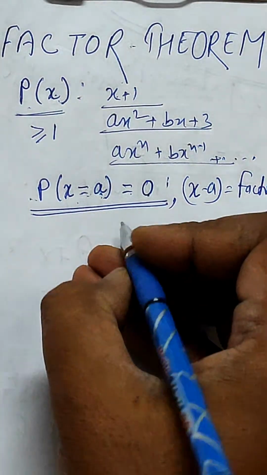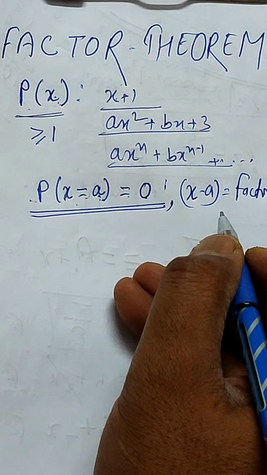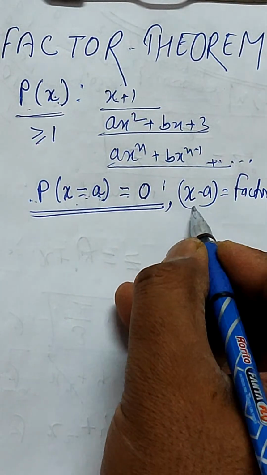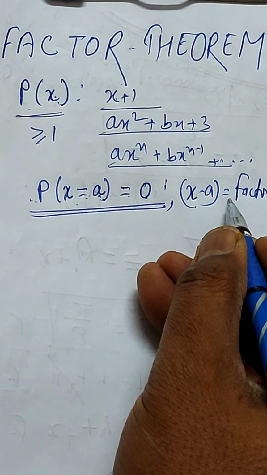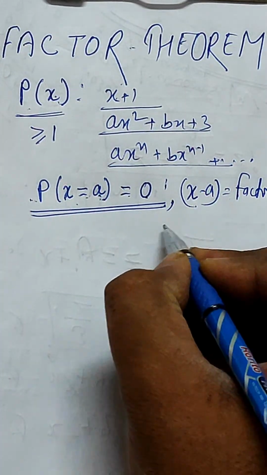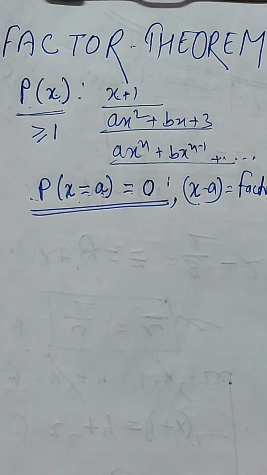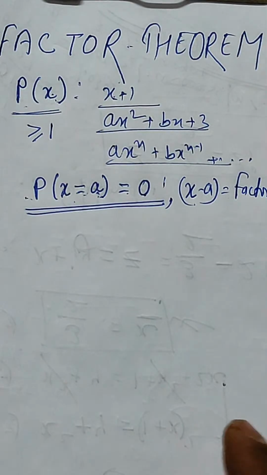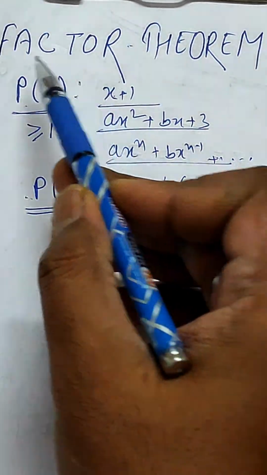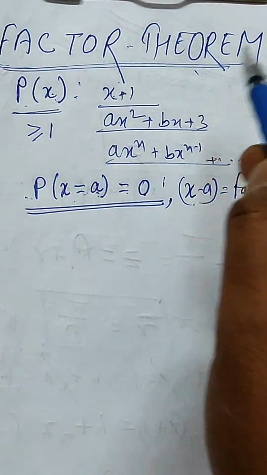This is the factor theorem. And conversely, if it's given that x minus a is a factor of p of x, then p of a is also equal to 0. So vice versa is also true. This is the basic concept which we have taken from the factor theorem.